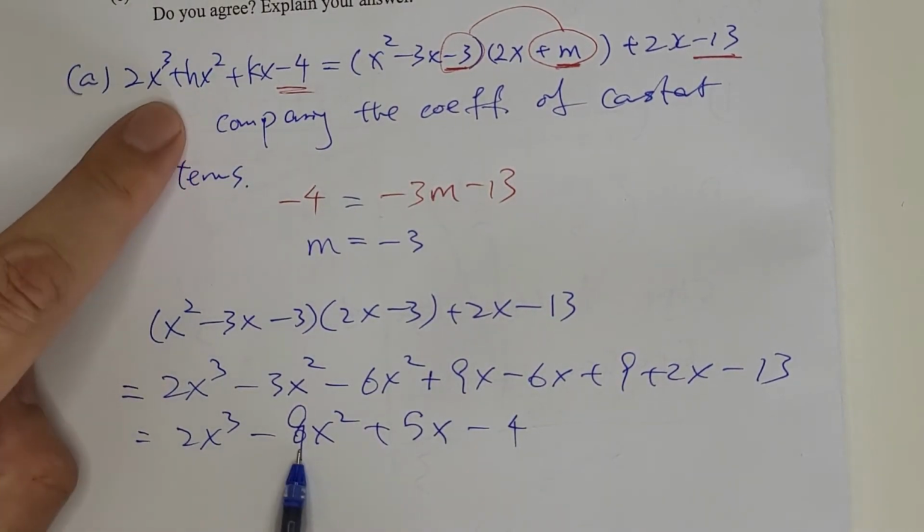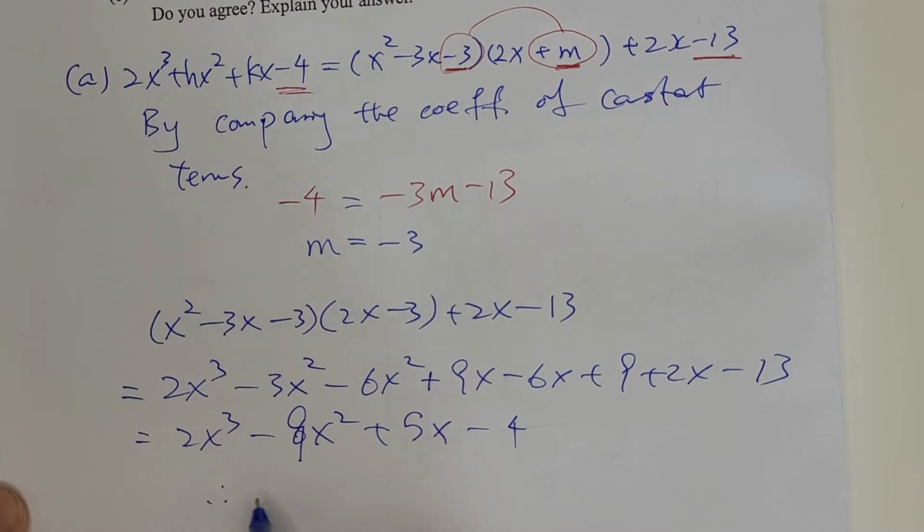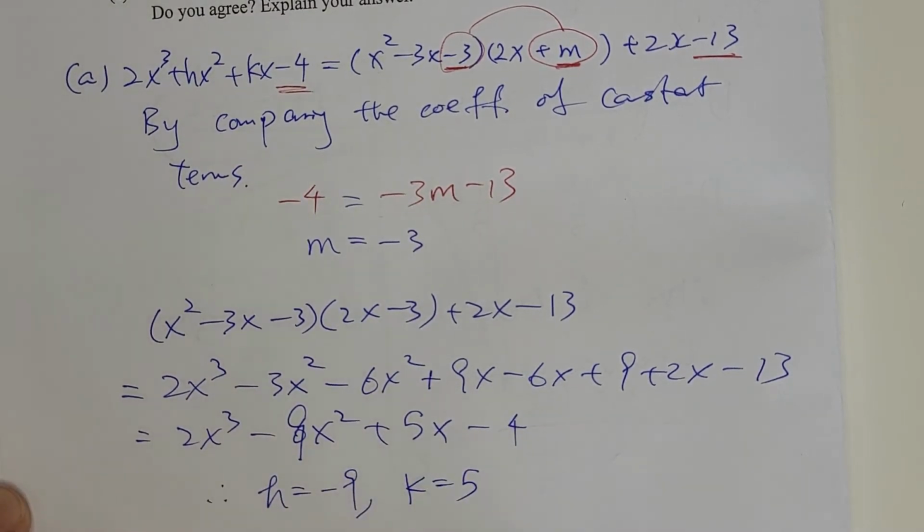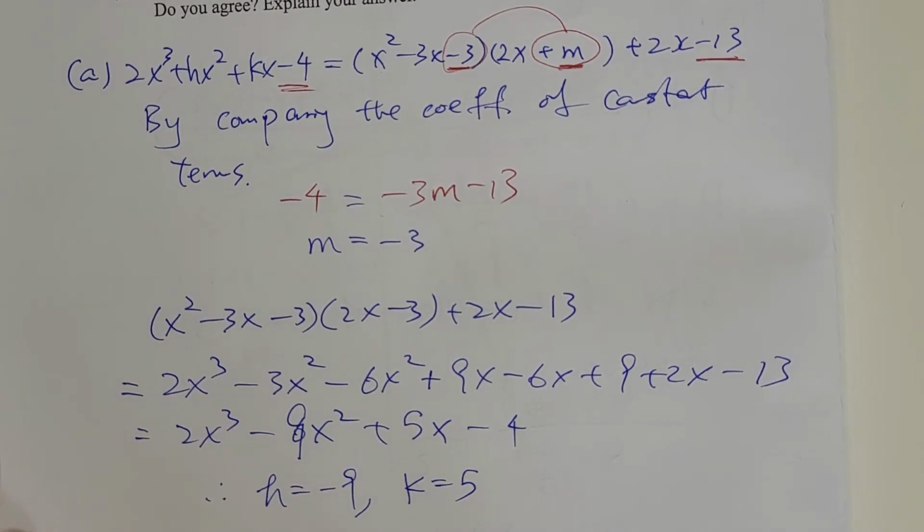So just do the comparison. Therefore h equals negative 9 and k equals positive 5, and that finishes part A.